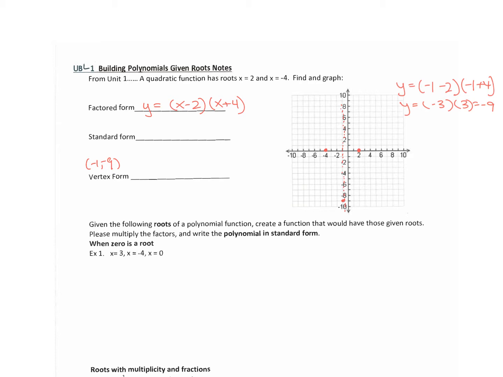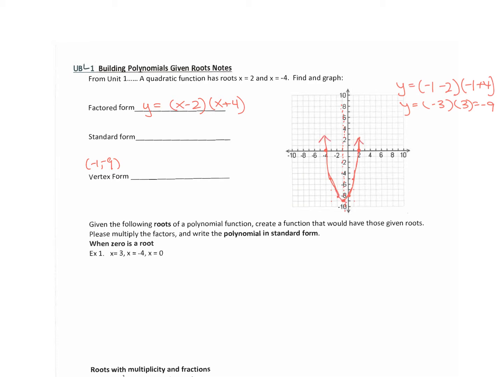And I could go 1 to the left, 1 to the right, 2, 4, and 2, 4. And I could softly draw in my graph, remembering that it's more of a U and less of a V.